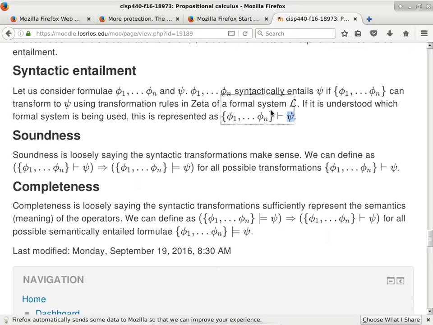I said, if we have a set of premises that we know are true, then wouldn't semantic inference be easier to compute? Because you can just go look through a formula, look at all the variables, and make a truth table. The computer can make a truth table easily because that's what computers are good at.